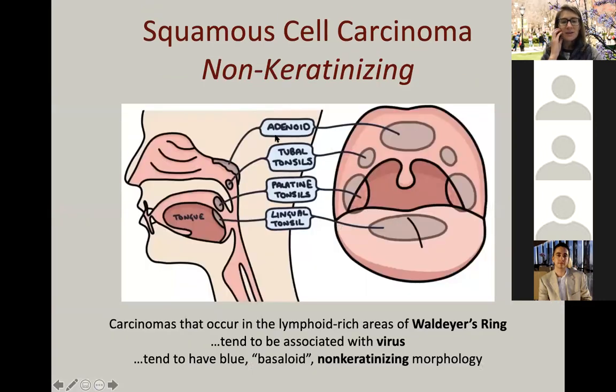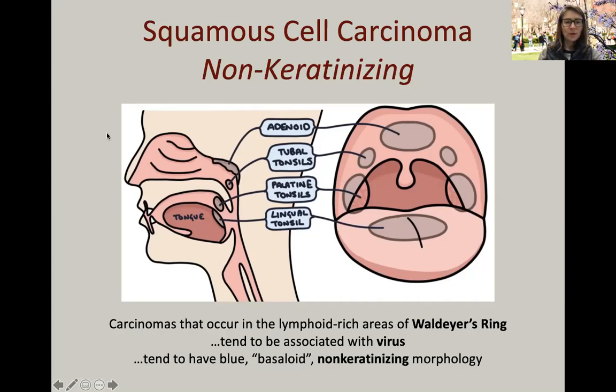So moving into the non-keratinizing carcinomas of the head and neck, these are carcinomas that occur in the lymphoid-rich areas of Waldeyer's ring. Hopefully you may remember what Waldeyer's ring is. It's essentially the inflammatory, lymphoid-rich areas of the pharynx.